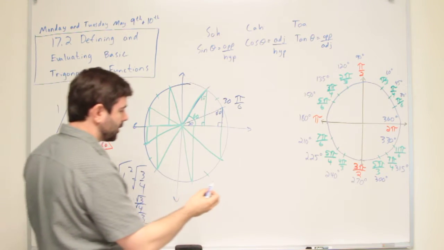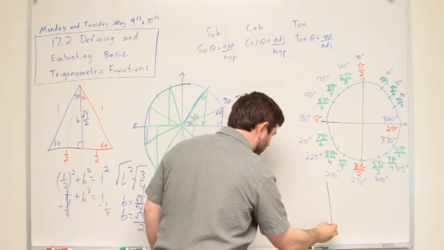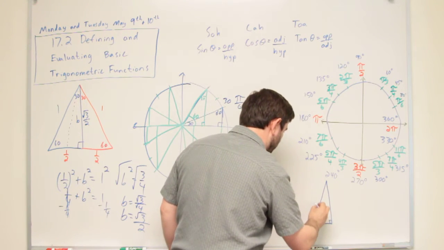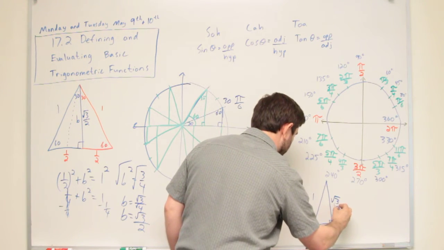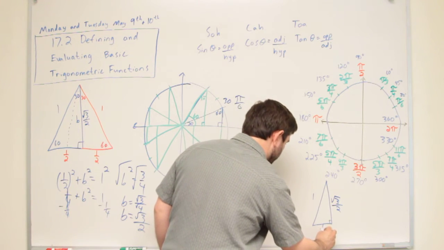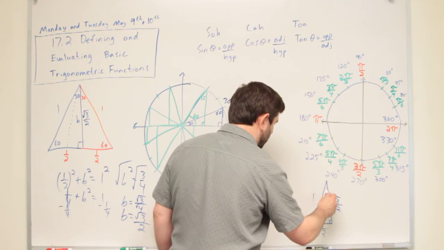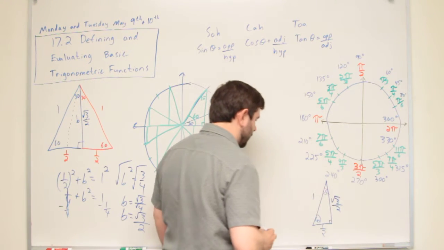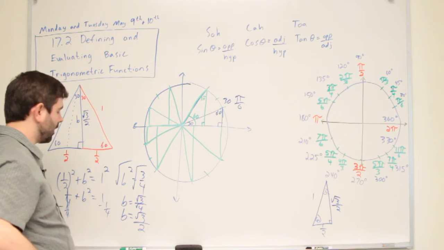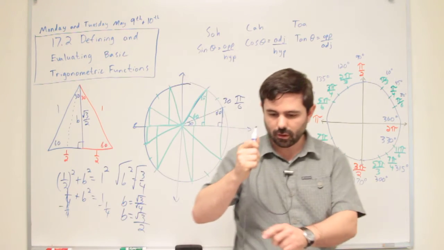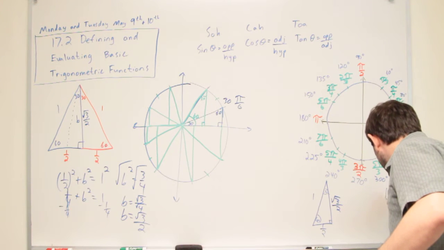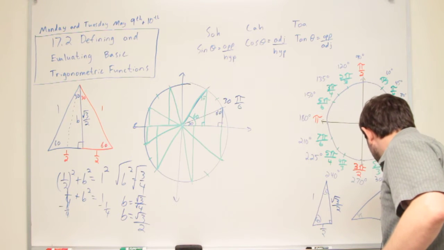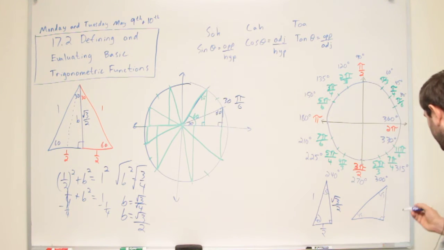So why don't we just put a little reference down here? This will come in handy. This is 1. This is root 3 over 2, and this is 1/2. This is our 30, and this is our 60. Okay, and then we found out our 45, 45, 90 triangle.